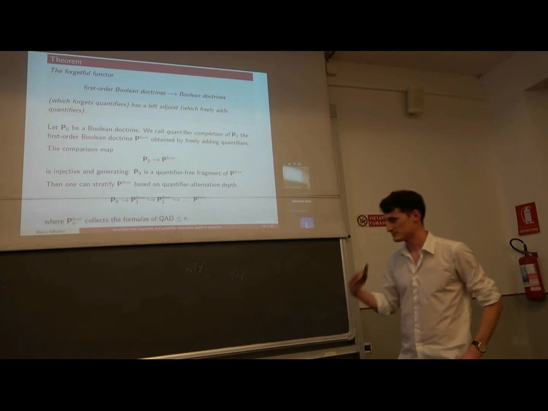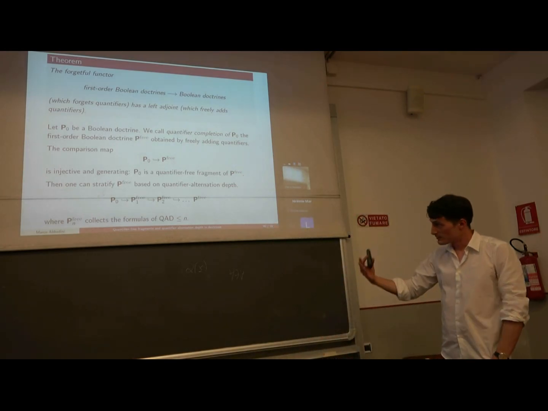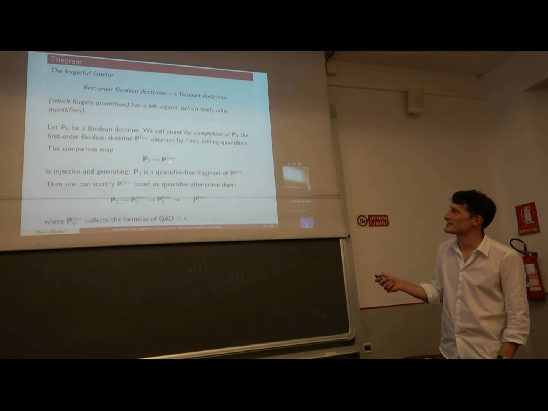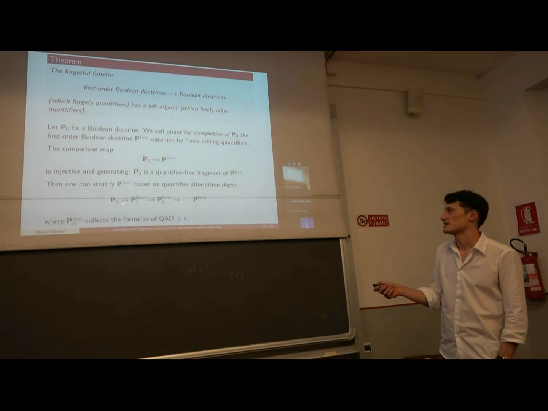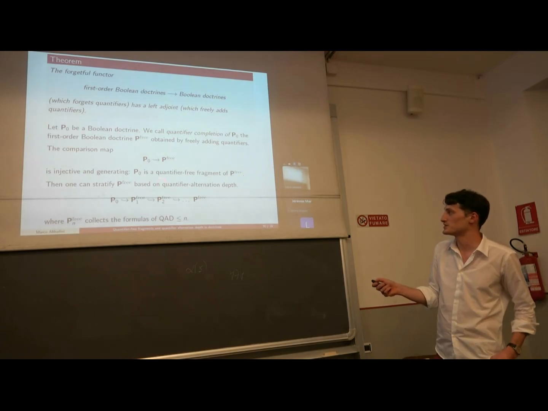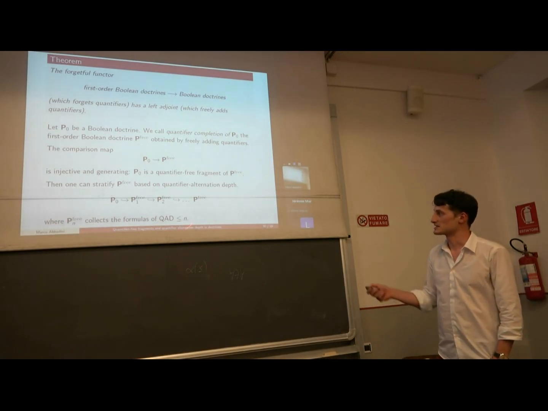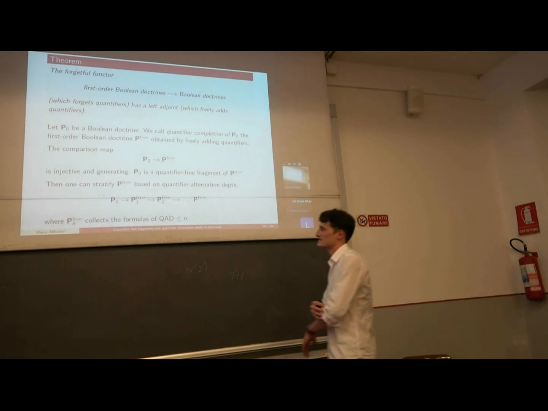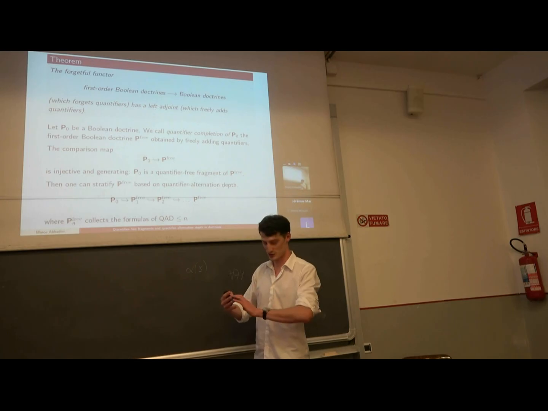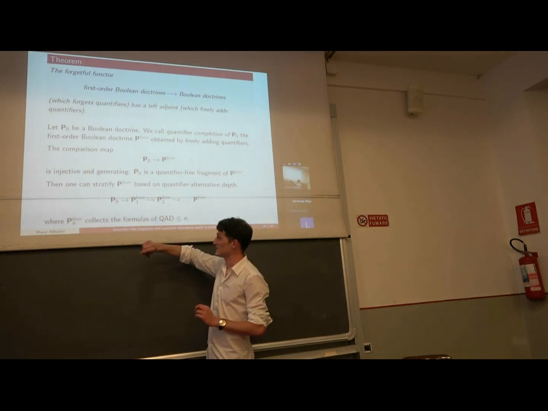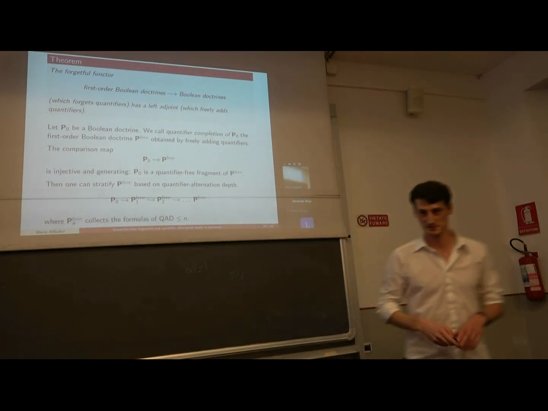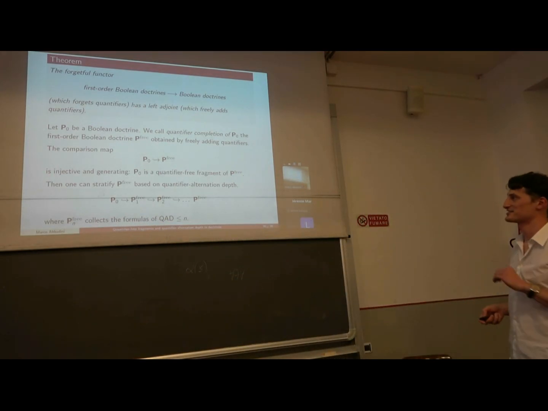But we can make it easier if we stratify P3 by quantifier alternation depth, P0, then P1 free, P2 free, and so on, and get it as a colimit. What I am going to present is how to construct this P1 free over P0. The rest is future work.